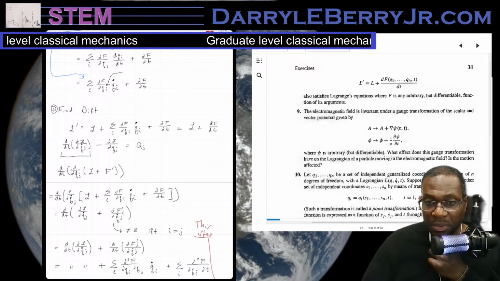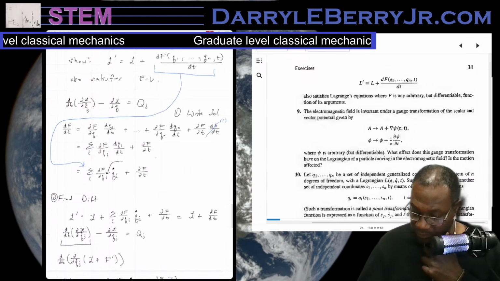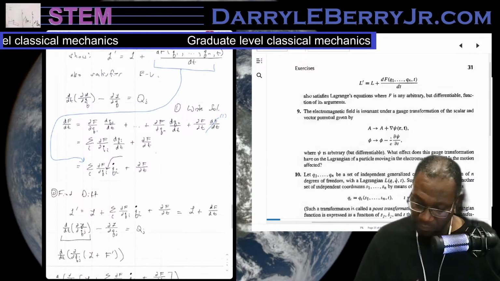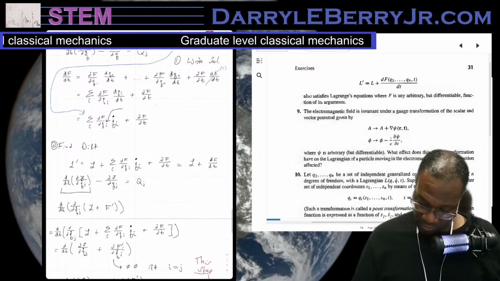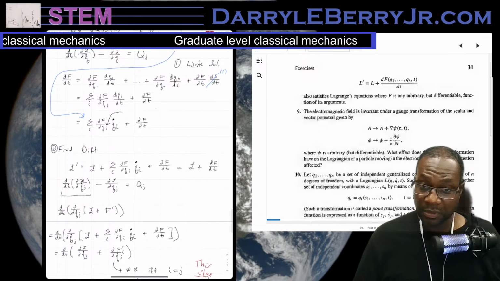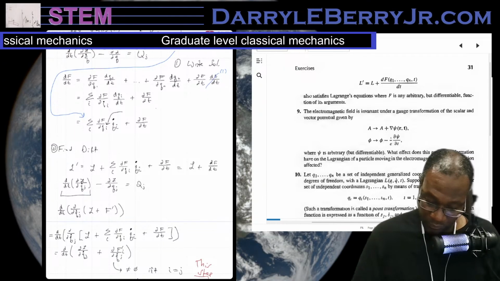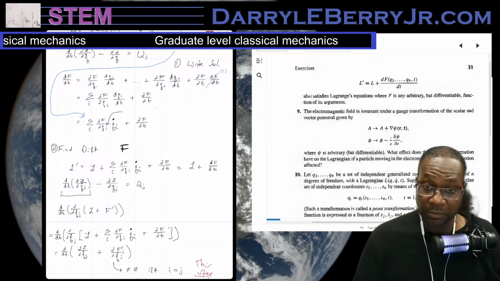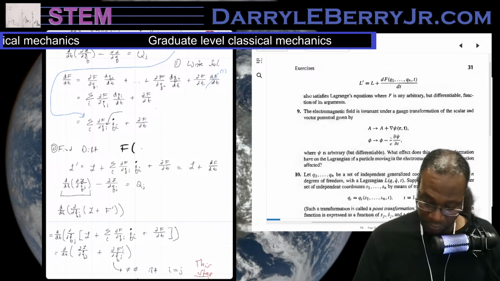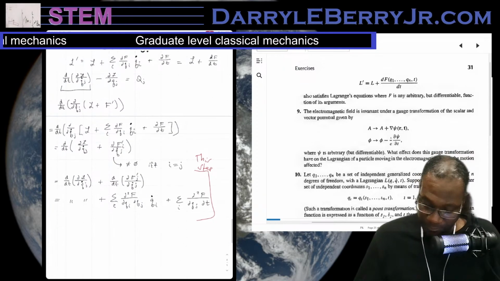Oh, I see what I'm doing wrong. f is only a function of q j and t. So this is very important: there's no q dot.